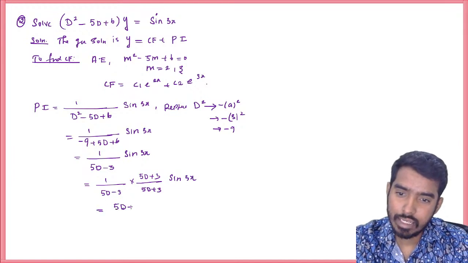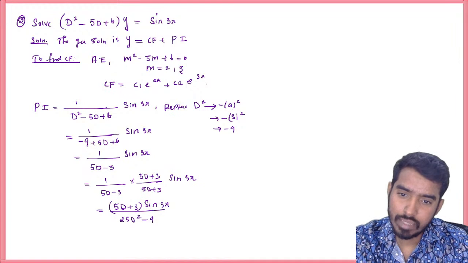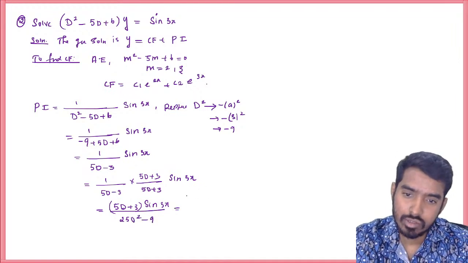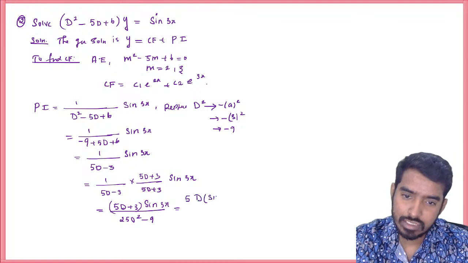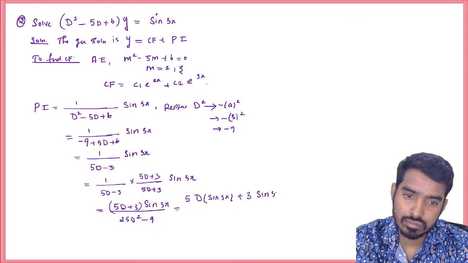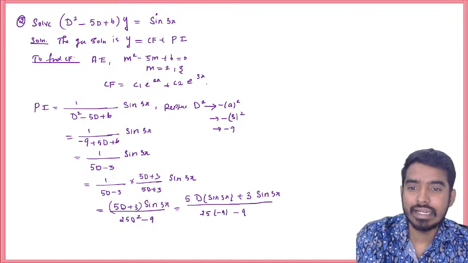So 5D plus 3 of sin 3x divided by, a minus b, a plus b, so it is a square minus b square, right? So we square this, we have 25D square minus 3 square. So 5 times differentiation of sin 3x plus 3 times sin 3x divided by, 25 into D square is minus 9, right?